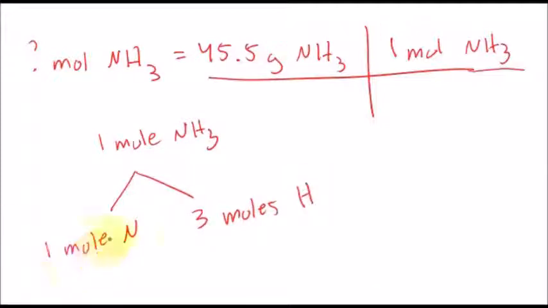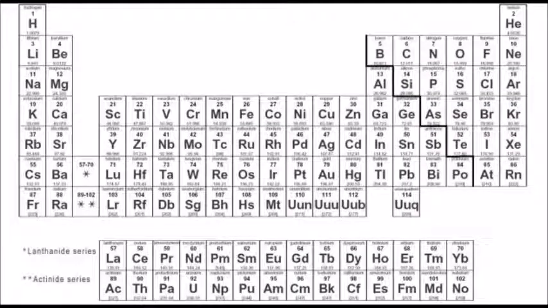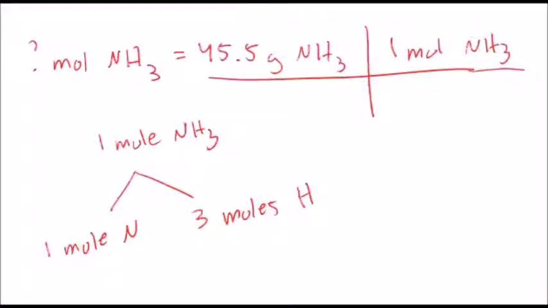So we're going to find the mass of 1 mole of nitrogen and then add that to the mass of 3 moles of hydrogen to get the total molar mass of ammonia. So 1 mole of nitrogen, I think it's 14.007. It's kind of hard to see here, but you can look at it in your periodic table. 14.007 grams. And then 3 moles of hydrogen.